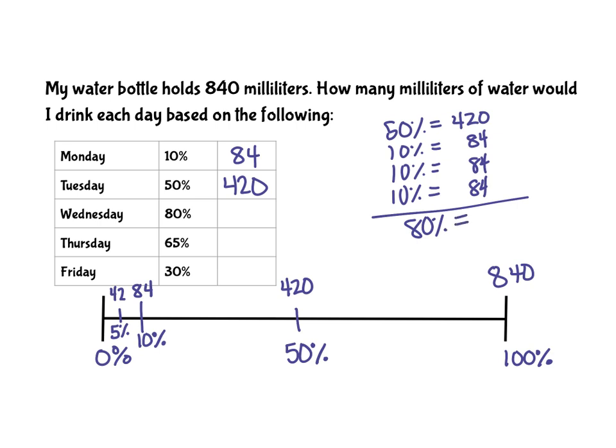So that's 7. So 672. 65% would be 50% plus 10% plus 5%.